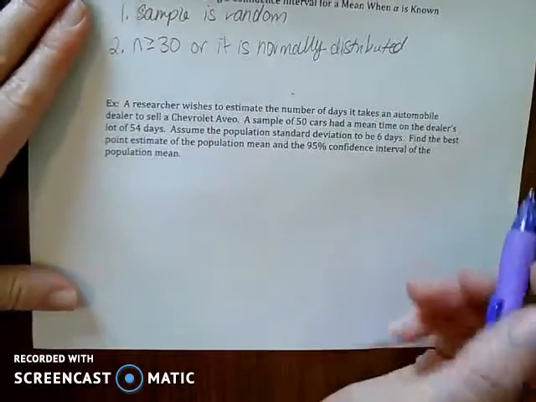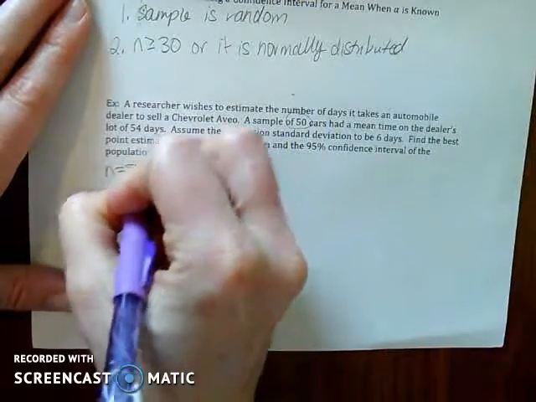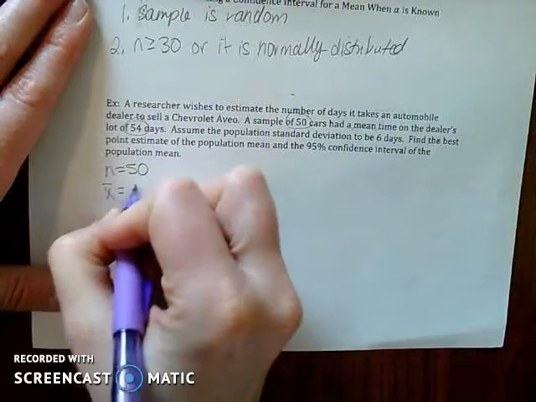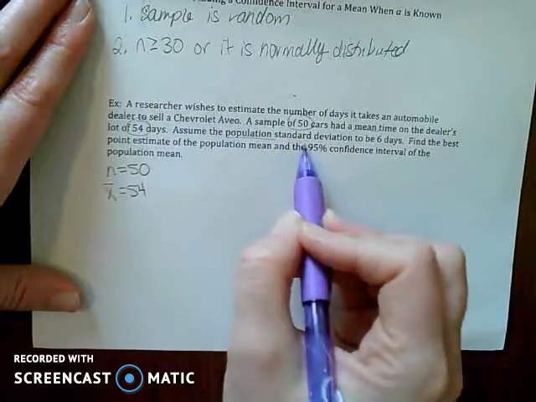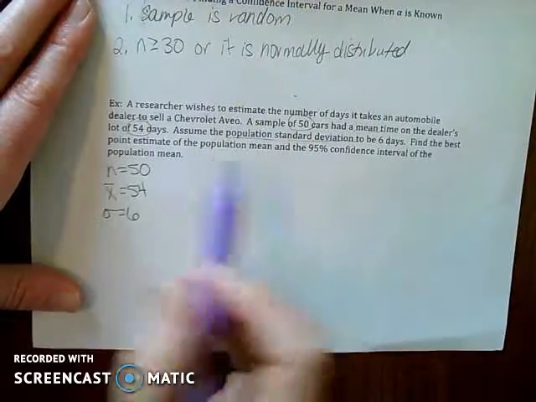So when I read through here, it says a sample of 50 cars, so n is equal to 50. They had a mean time of 54, so x bar is 54. The population standard deviation is 6, so sigma is equal to 6.